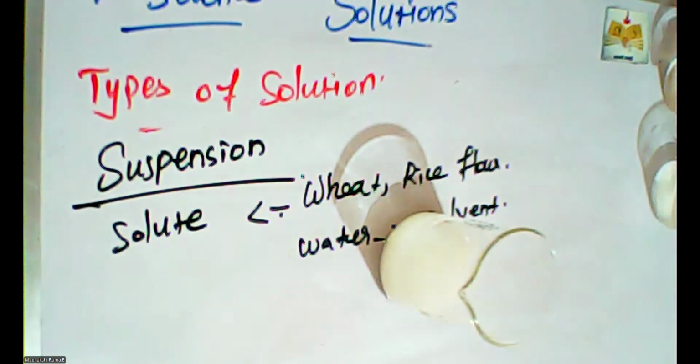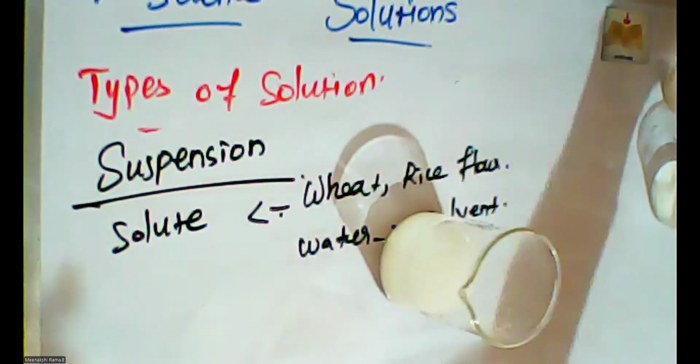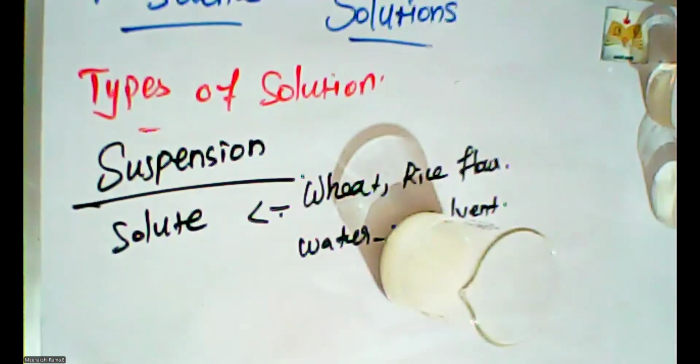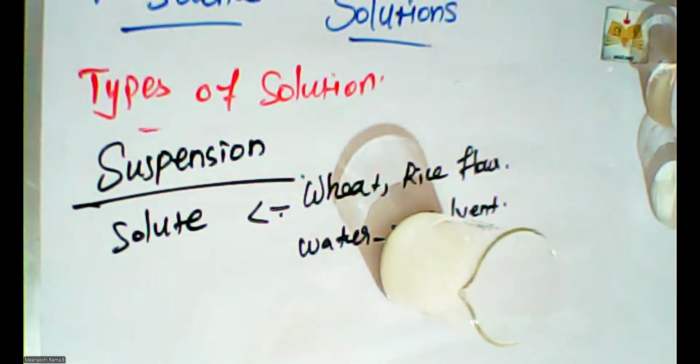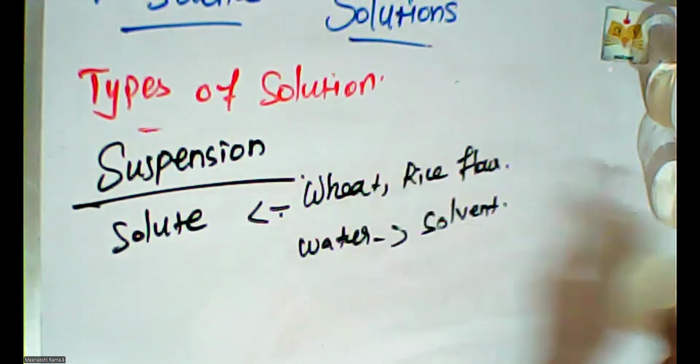The solute is completely dissolved means that is a true solution. Second one, cloudy nature occurs means that is the second one, colloidal solution. And then suspension means it looks turbid. The fine particles are settled down at the bottom of the beaker. So this kind of solution is called a suspension.